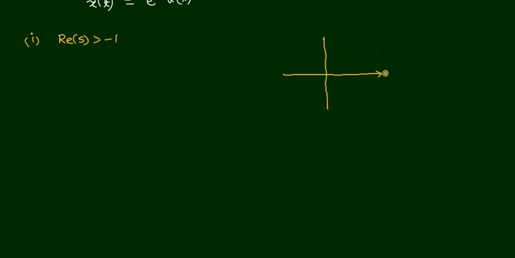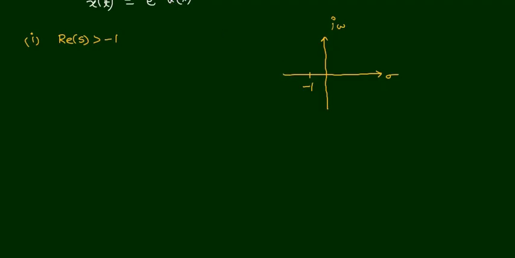So this is the real axis and this one is the imaginary axis, j omega. Now the real part of S is greater than minus 1. So minus 1 is on the negative axis. So here is minus 1.